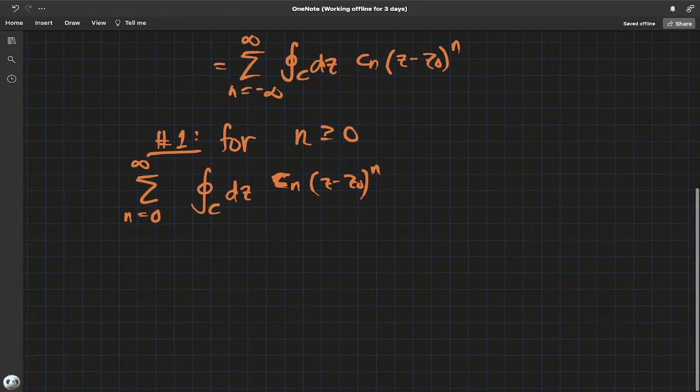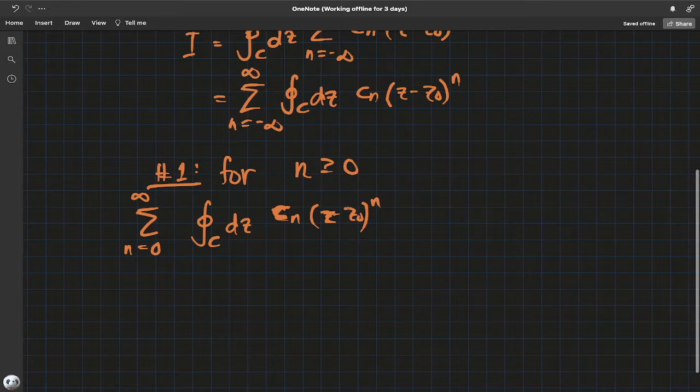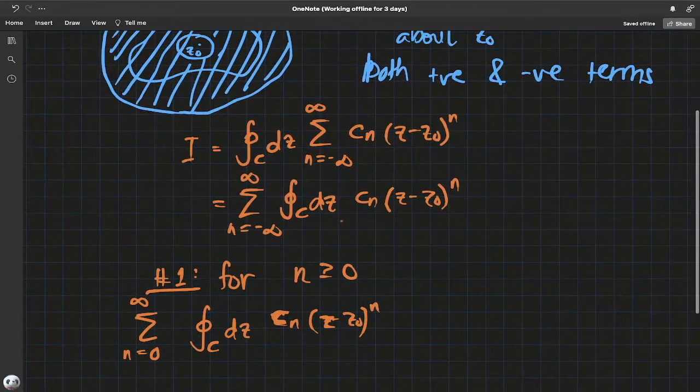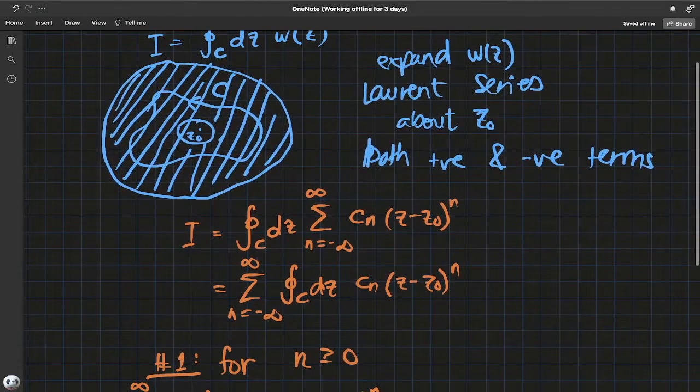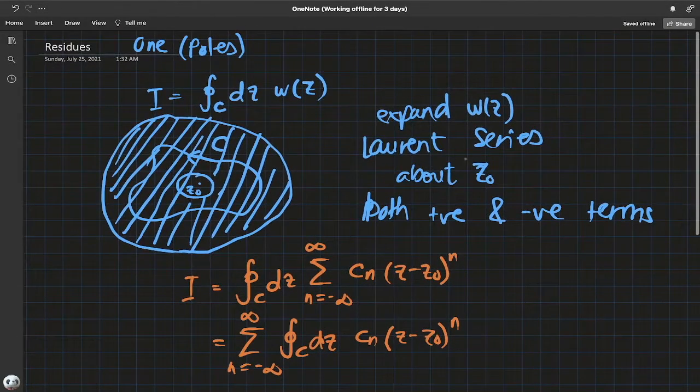If the z minus z0 term is in the denominator, it will cause us problems, because we know that we have a pole at z0.